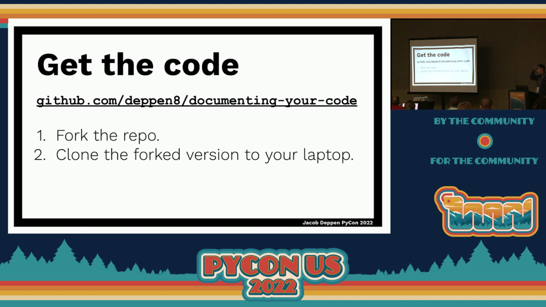So if we haven't gotten the code, we need to fork the repository from GitHub and then clone that to our local machine. Is there anyone who has not been able to do that yet? I have time built in. We can wait.